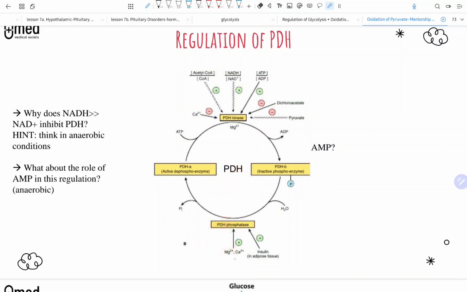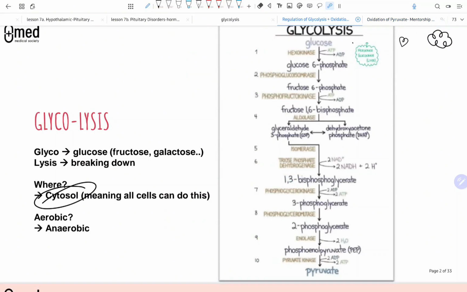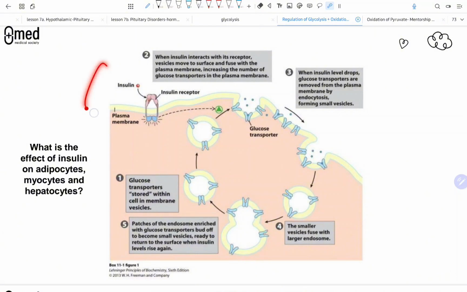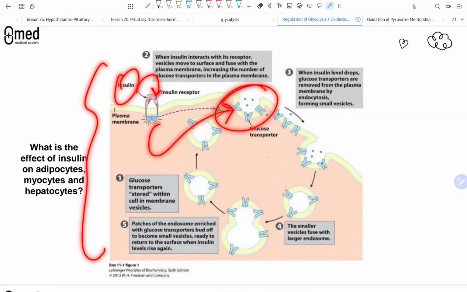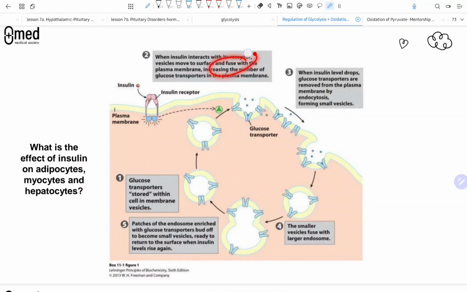Okay? I had already explained how calcium works. Here it's inhibiting PDH kinase because PDH kinase inhibits PDH. Here it's activating PDH phosphatase because it wants to activate PDH. Now, insulin, as I've said in the last lecture, I'll go back to it. If you remember yesterday here, I talked about how insulin binds to its receptor, and this leads to the fusion of the vesicle with the plasma membrane.